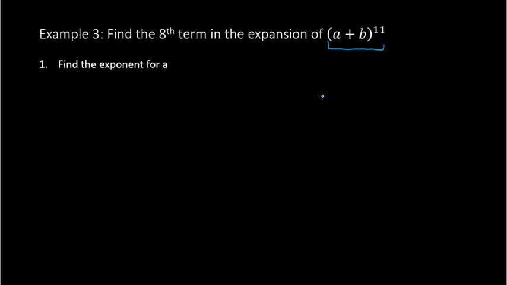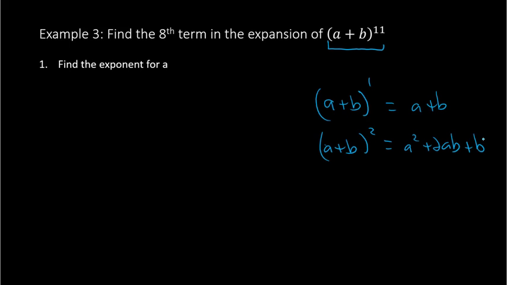And you can think through maybe if you had just a plus b to the first power, realize that that would be a plus b, so there's 2 terms. And if you had a plus b squared, and you expand that, you get a squared plus 2ab plus b squared. So if the exponent is 2, we have 3 terms.